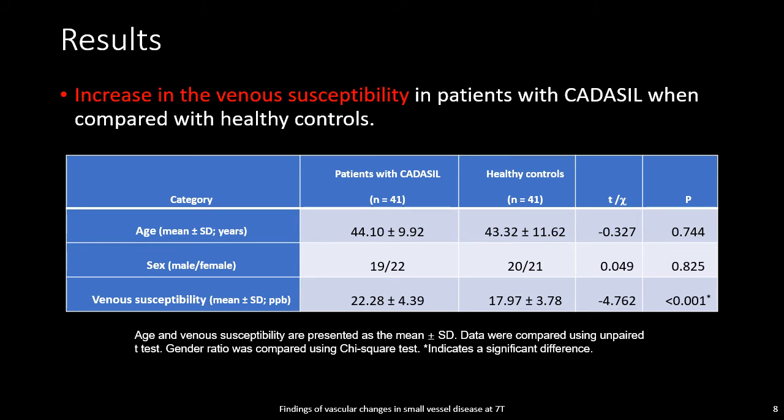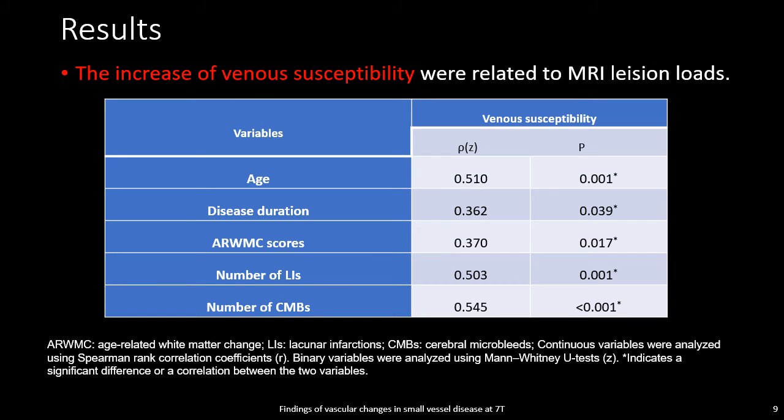On the other side, for cortical veins, we found that venous susceptibility increased with age and was higher in the CADASIL patients compared with the healthy controls, suggesting decreased venous oxygen saturation in CADASIL patients. Furthermore, we found a positive association between venous susceptibility and MRI lesion load, including the age-related white matter change scores, the number of lacunar infarctions, and the number of CMBs in patients.